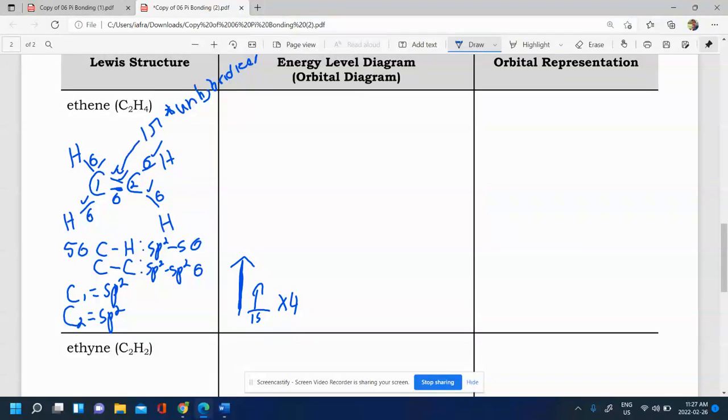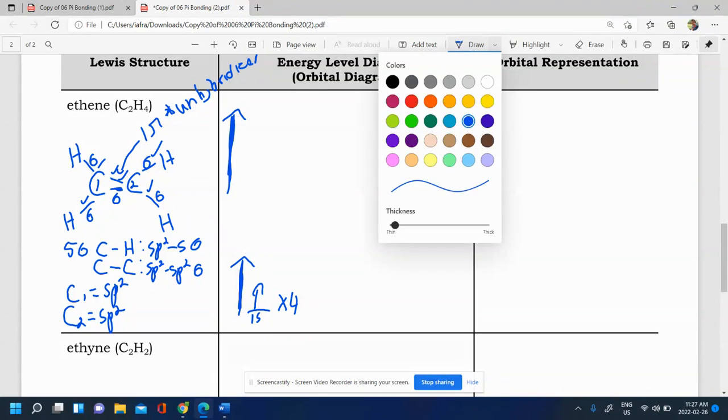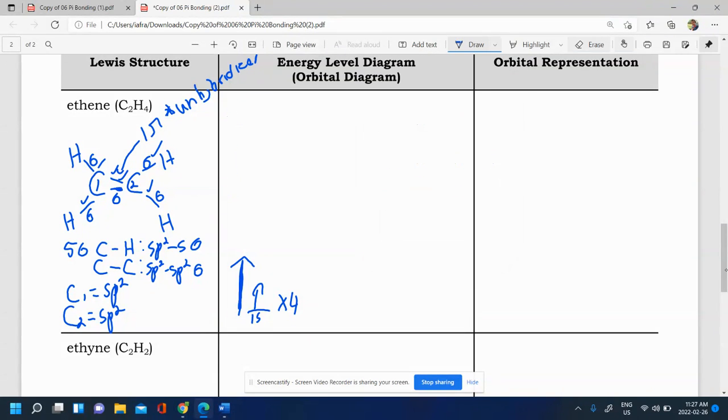Next, I'm going to do my energy level diagram for carbon. I'm going to make it unhybridized first. And remember, there are 2 carbons, so actually I'm going to leave some room. I'm going to make 2 carbons just to show you what's happening. So we'll do 1 carbon over here. And the first carbon is going to be sp2 hybridized in the end. So let's put the energy here because we want to show its energy on those arrows. And carbon is like this. So we have 1s2.